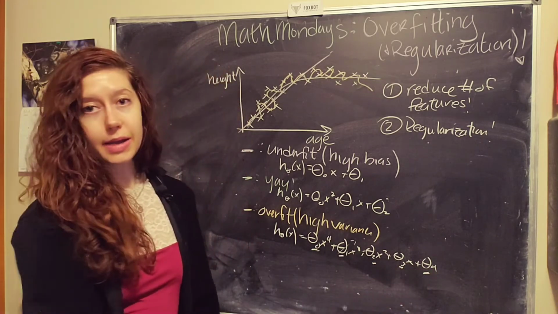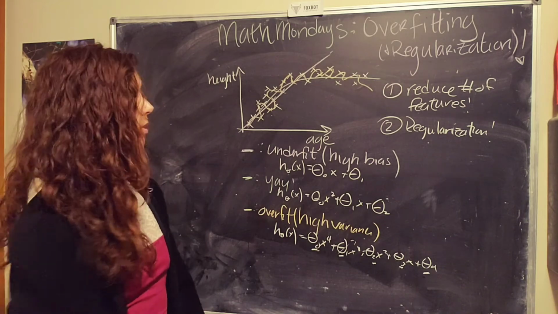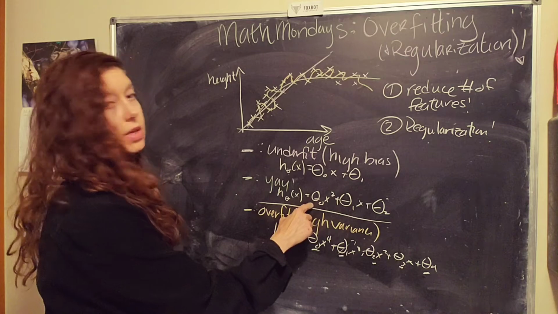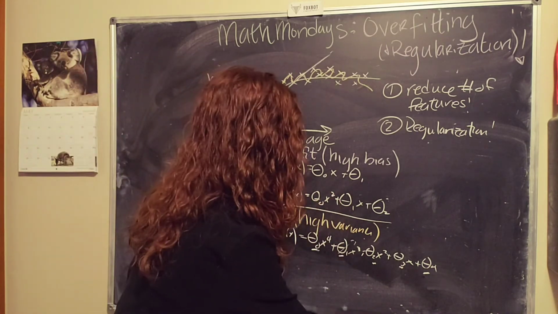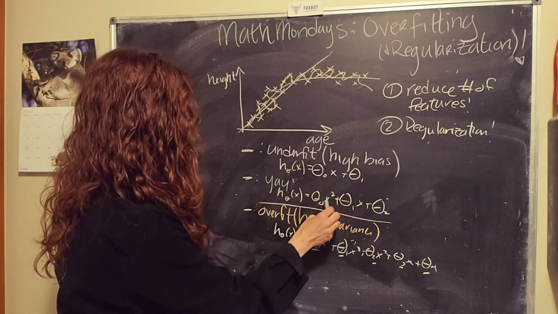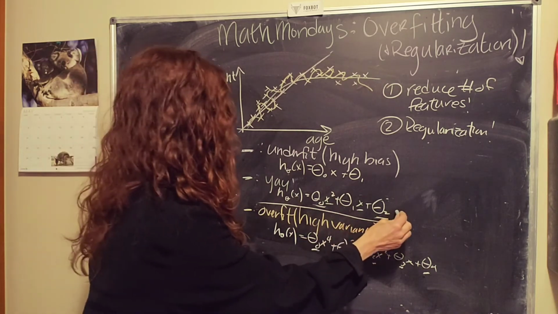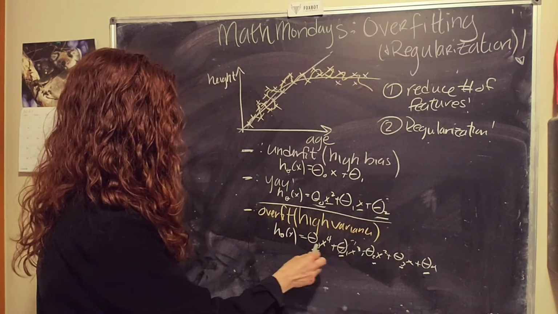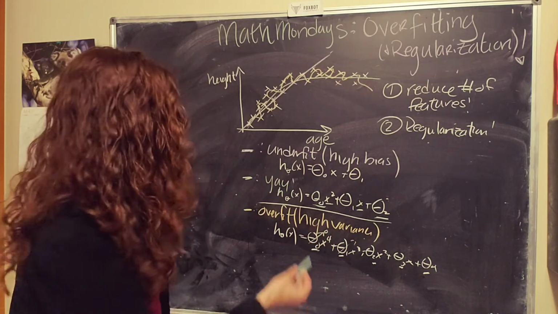So let's say we start with this parameter value. What regularization will help us to do is it will help us say, okay, this is the pattern that we want. So we really want, let's use colors, this x2 term, this x term, and this x to the 0 term. So what it will do is it will set this at or close to 0.